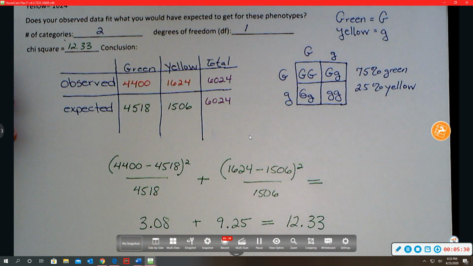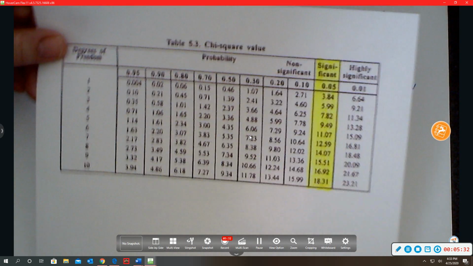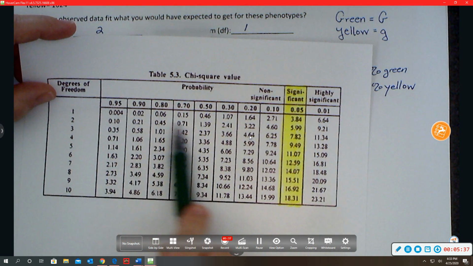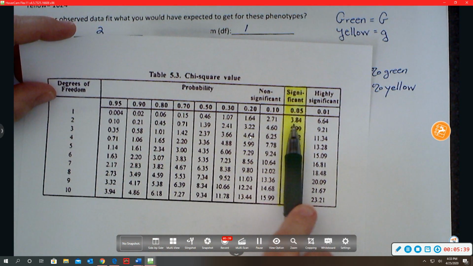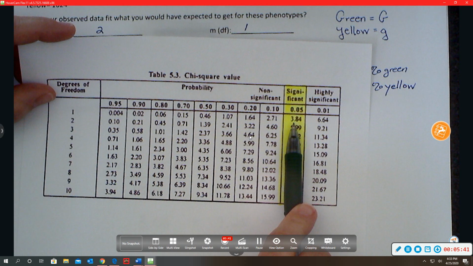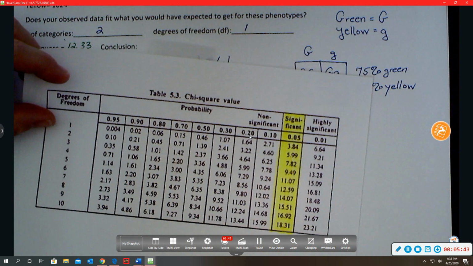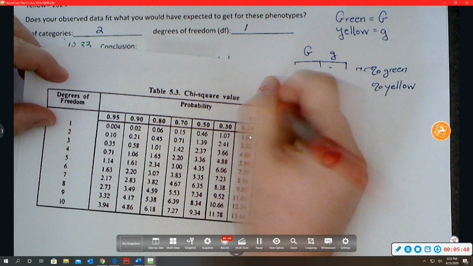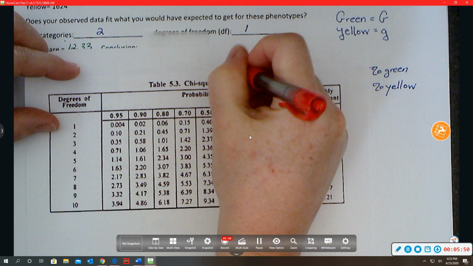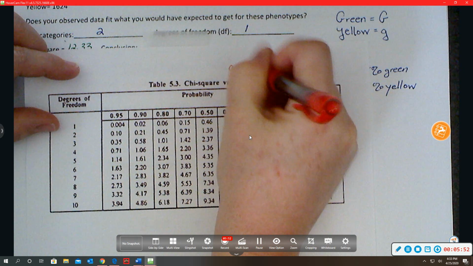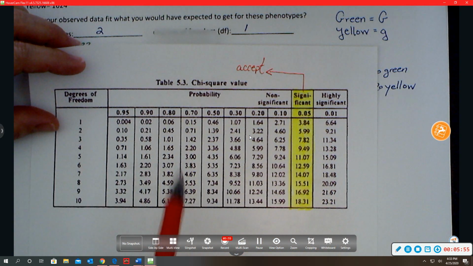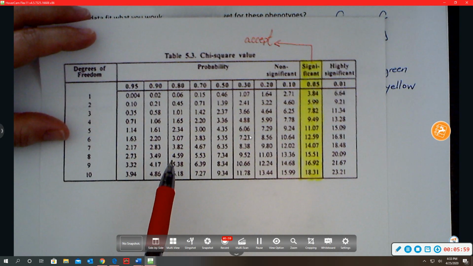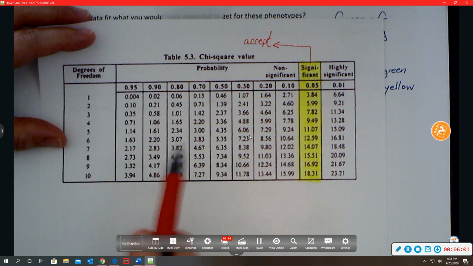So now I need to look at the chart here. Again, my degrees of freedom is only 1. So that means my critical value is 3.84. So remember how that works. If your chi-square is less, then you accept your null hypothesis. So that would mean that any differences that we would see here are just due to random chance.